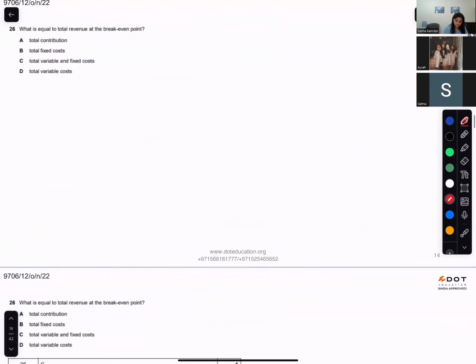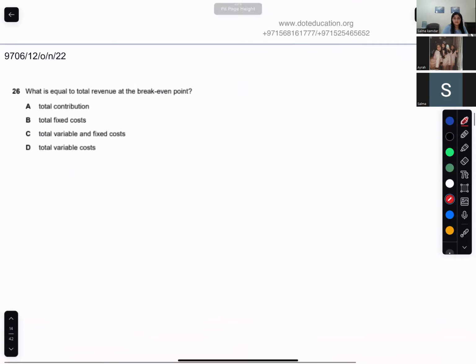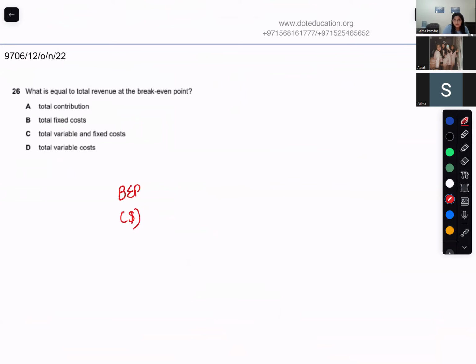Read the next one. What is equal to total revenue at the break-even point? Total cost will be total variable and fixed cost. At break-even point, you make no profit, no loss.